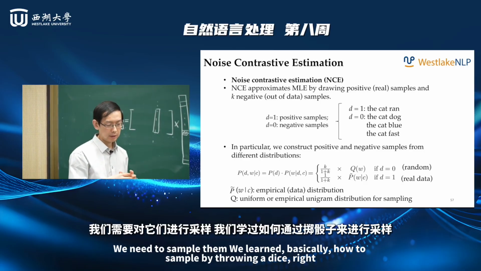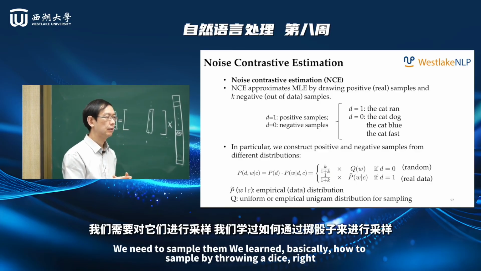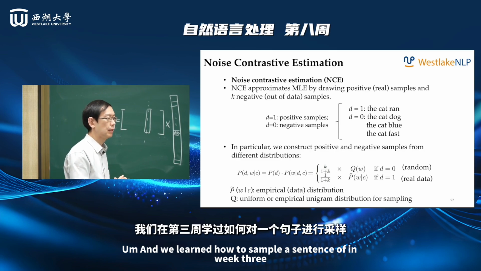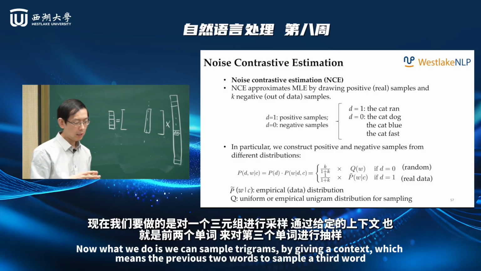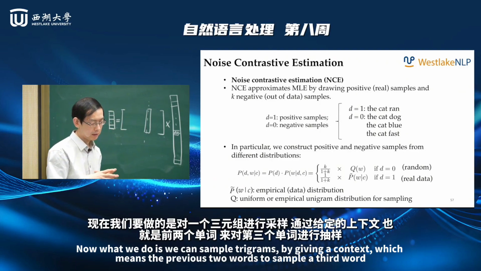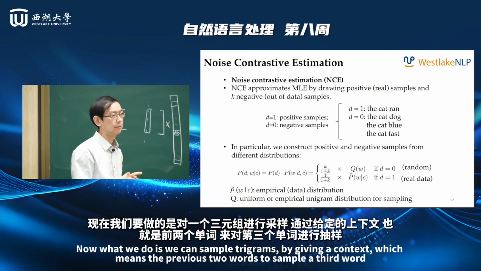We learned basically how to sample by throwing a dice, right? And we learned how to sample a sentence in week 3. Now, what we do is we can sample trigrams, given a context, which means the previous 2 words, to sample a third word.